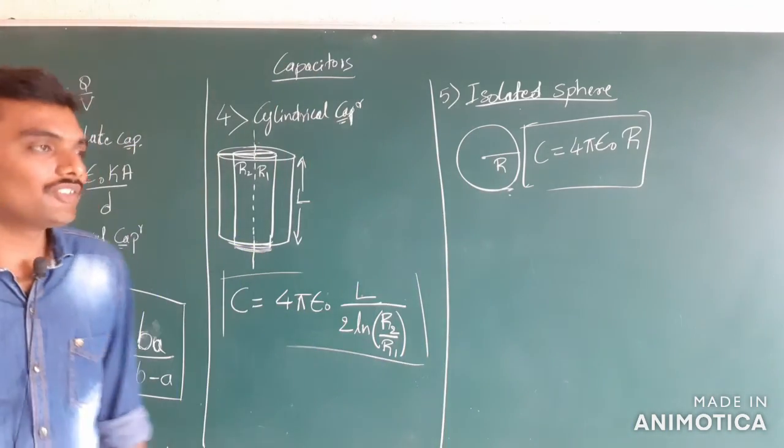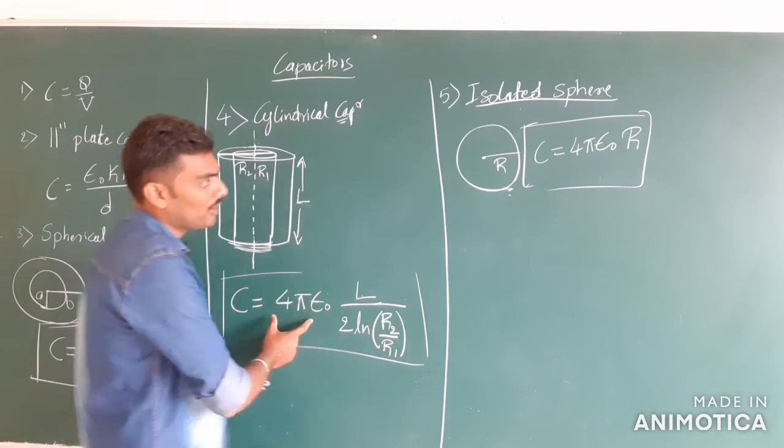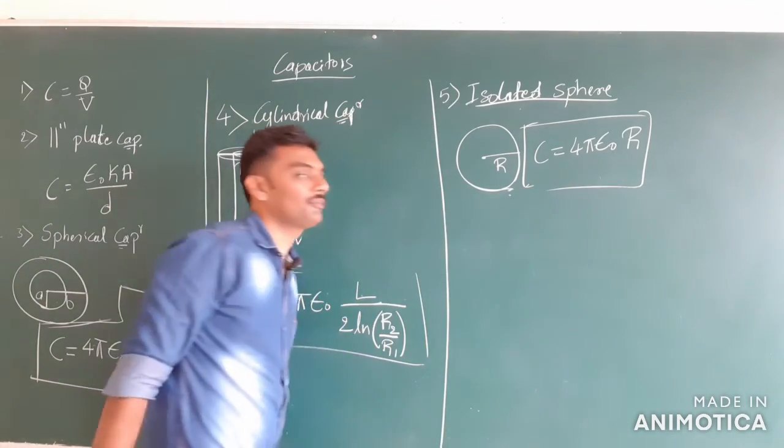And you can see a common pattern in the formulae. All three expressions have 4 pi epsilon naught in them, right?